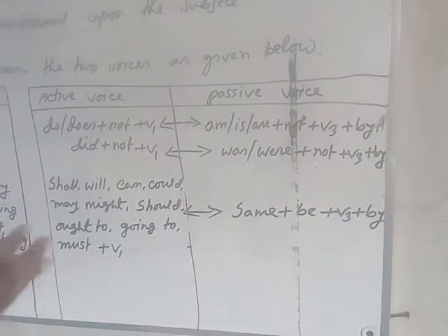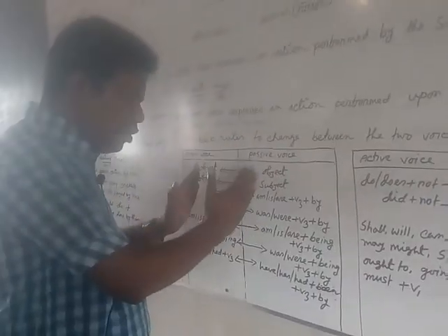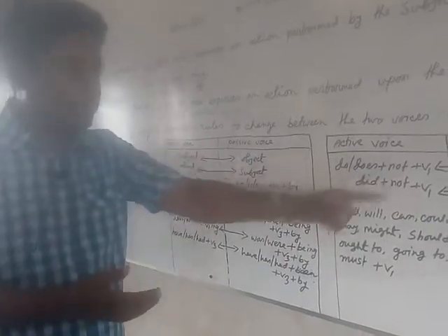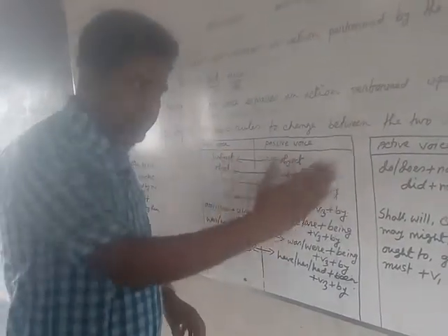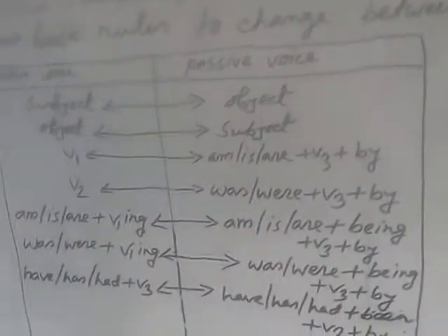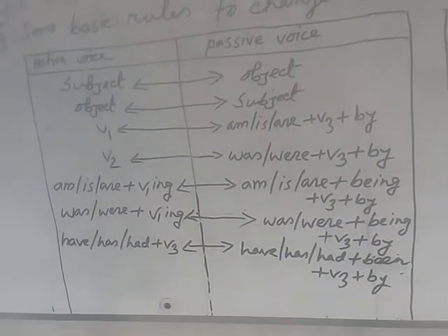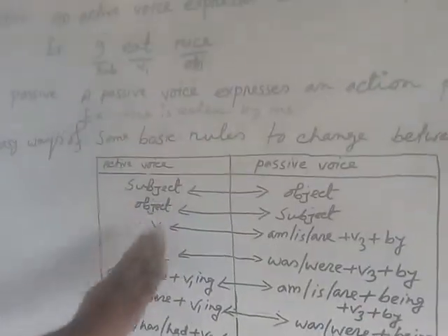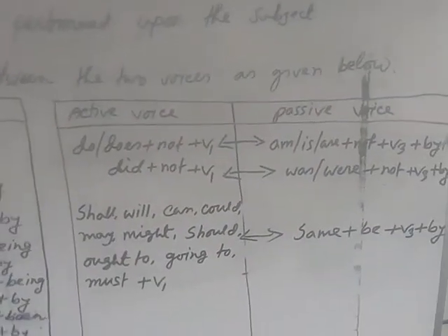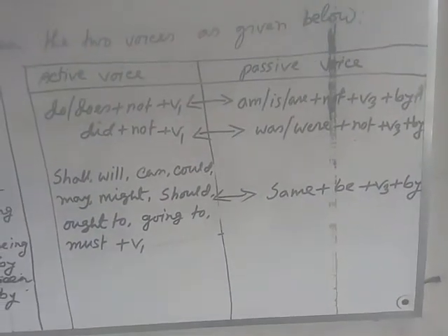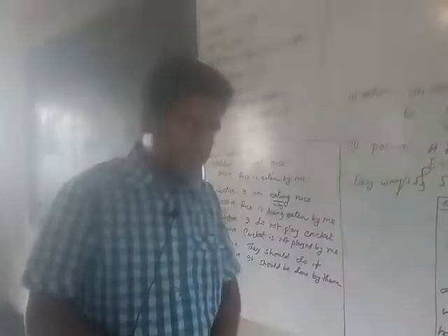And I hope you see the rules written on the board very carefully. What I have written for you are the easy ways, the basic rules, so that you can change the two voices between active to passive and passive to active.